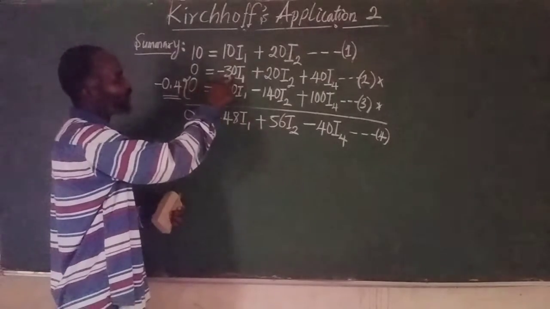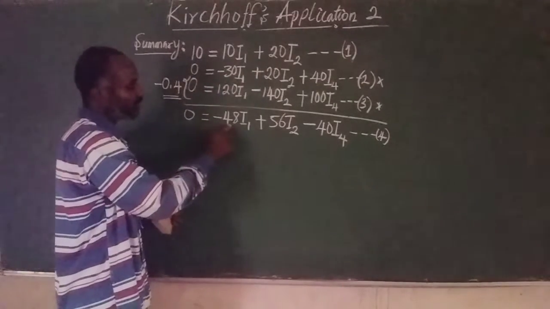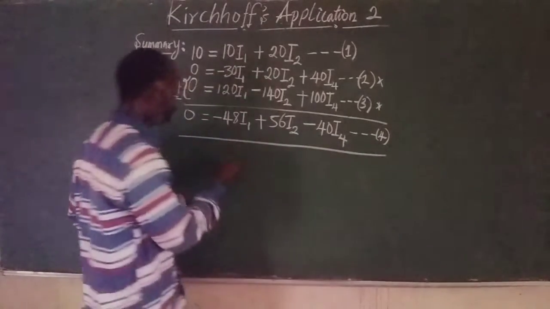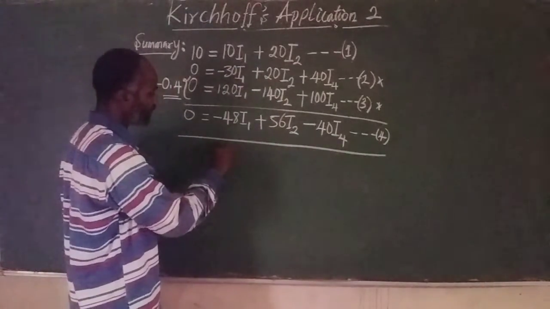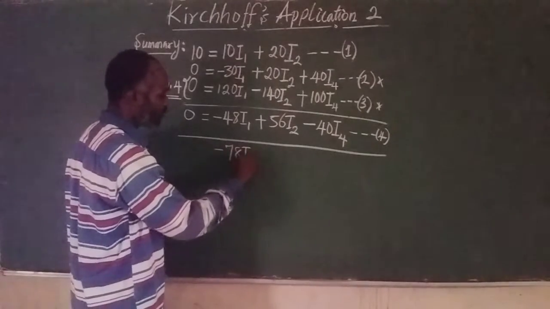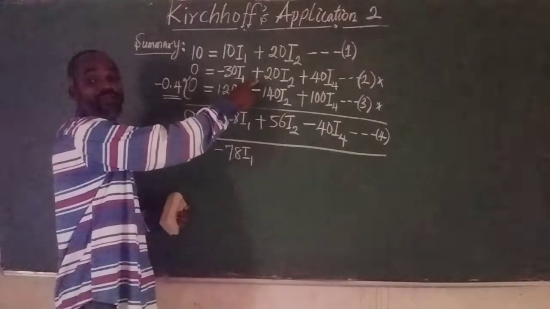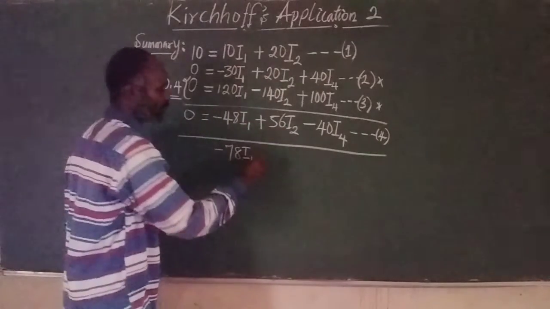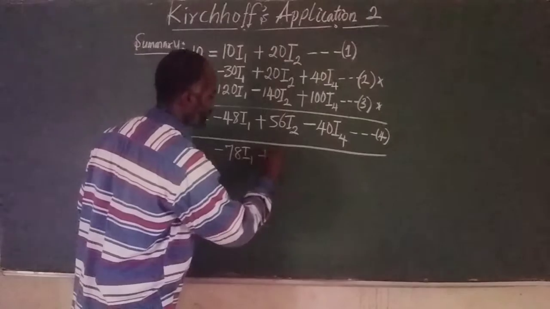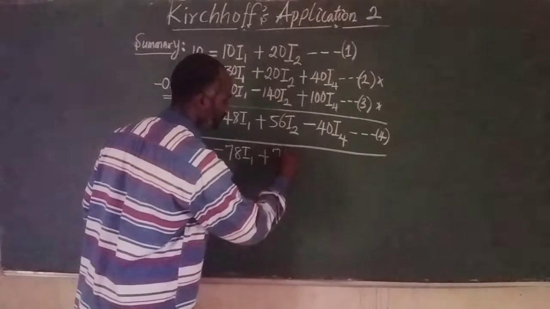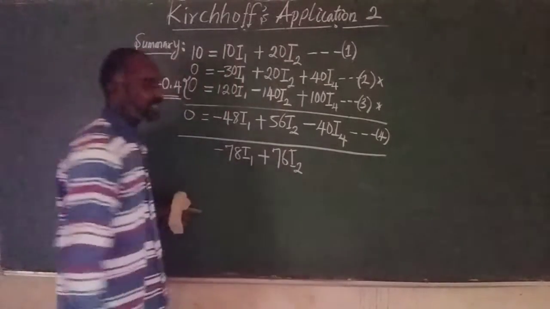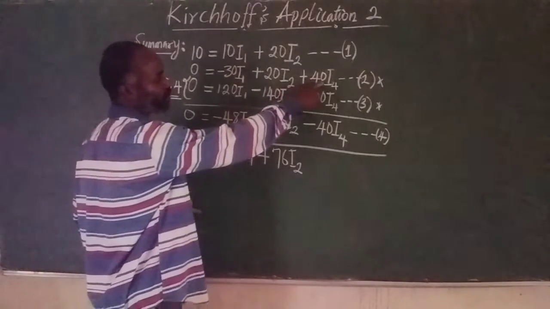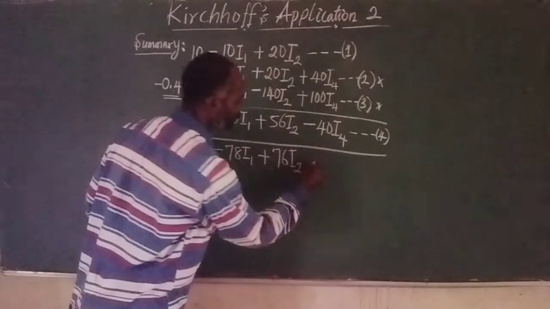So minus 30I1 minus 48I1. Of course, the next line will show that this will give minus 78 current 1. We take again plus 20 current 2 plus 56 current 2 is going to give plus 76 current 2. Then we take the next one, plus 40 minus 40, of course.